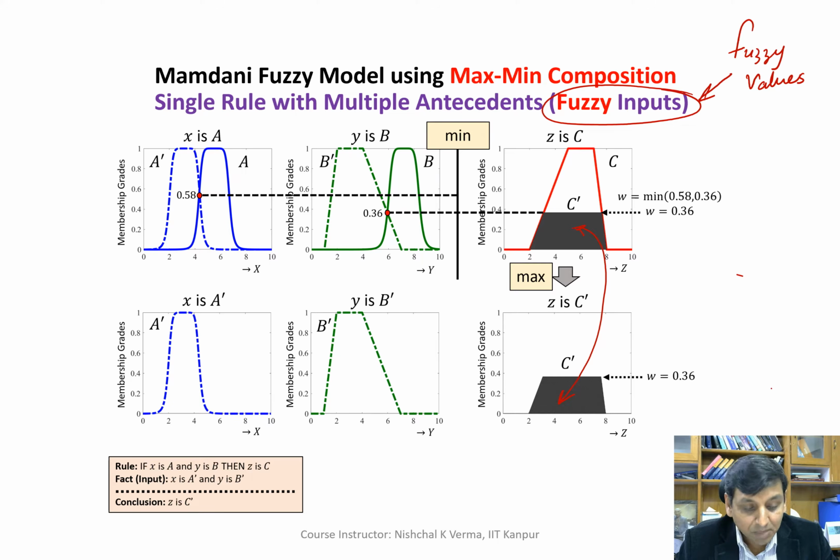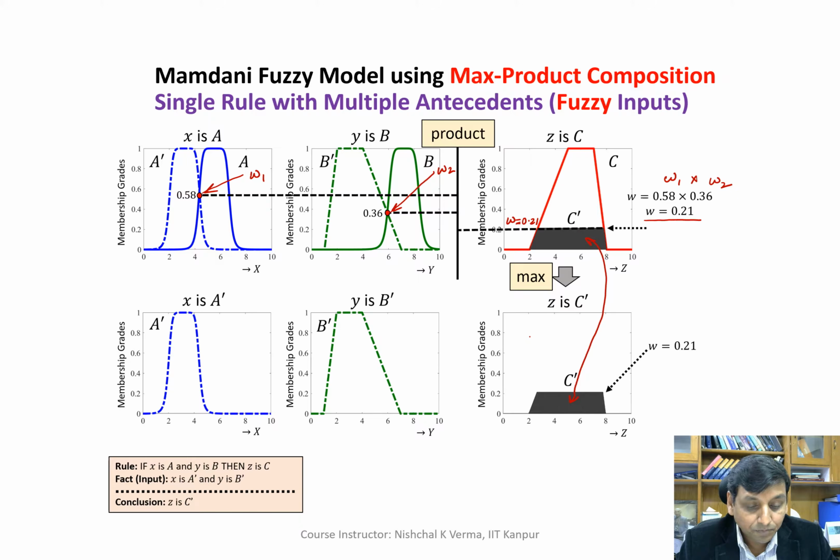So max product is giving us again the fuzzy output, which we can defuzzify to get the crisp output. The fuzzy output is in the form of a fuzzy set.